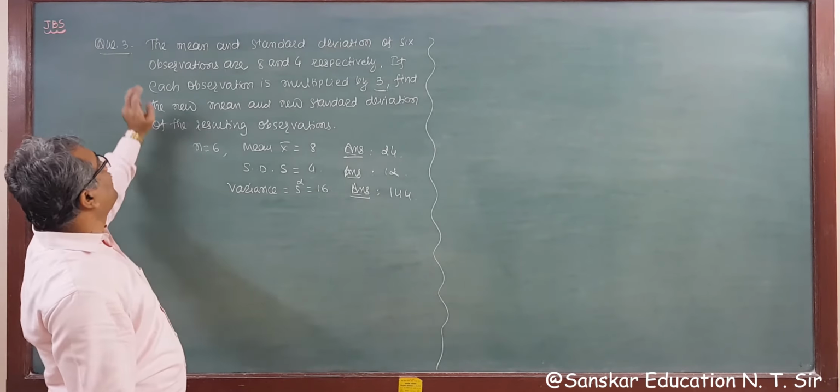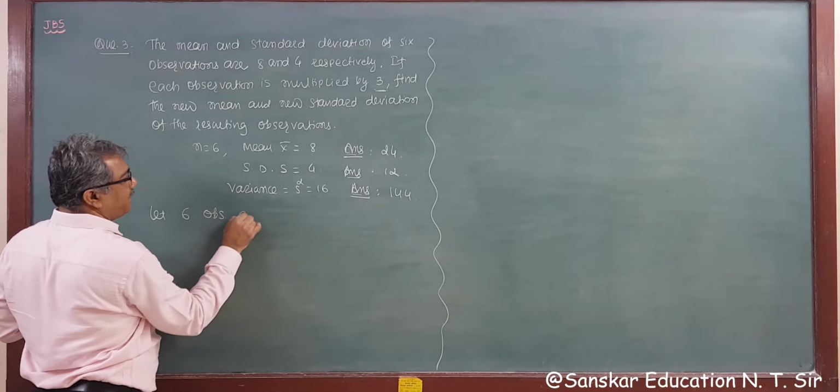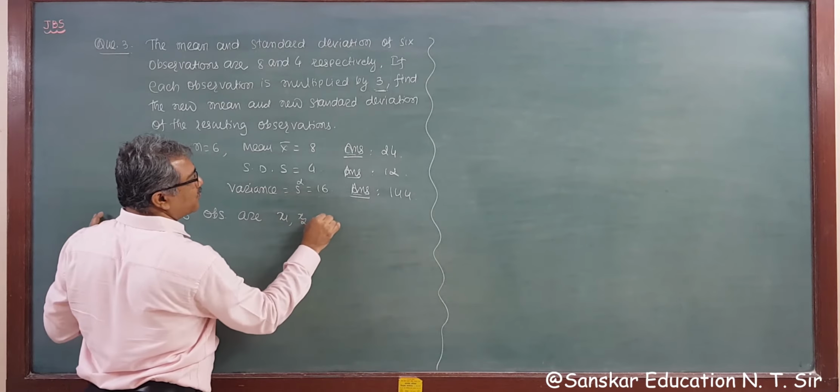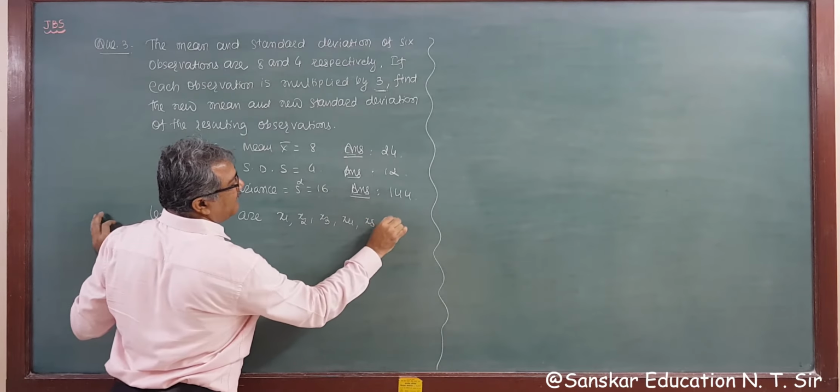So we are given 6 observations. We are assuming that our 6 observations are x1, x2, up to x6. So let the 6 observations be x1, x2, x3, x4, x5 and x6. These are our 6 observations.